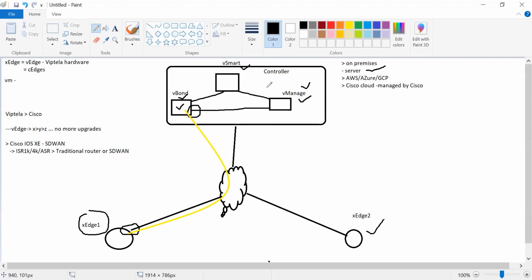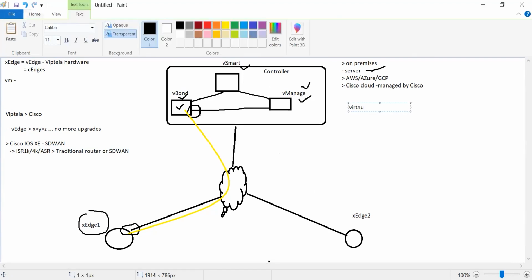Now, again, these vBond, vSmart, and vManage are always virtual machines. You cannot say that you are going to buy one vSmart hardware, just like a router. They are always virtual machines. There are certain configurations we need for these devices.